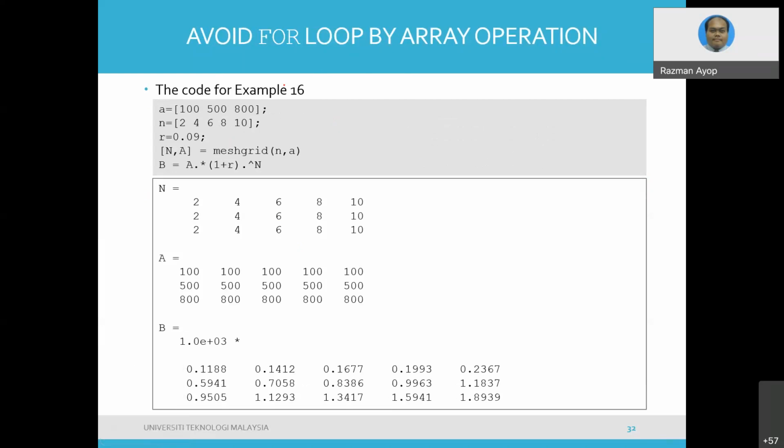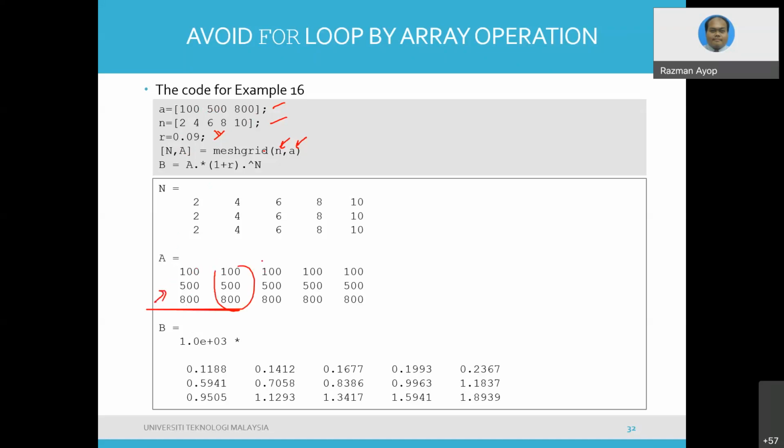So you can see here, A is equals to this one and this one. Okay. R is just a constant, no need to worry. So you use mesh grid. So mesh grid is basically you put the two parameters here. And then it will create another parameter that you can use to do an array operation. So basically you can see here, 100, 500, 800. So the A will become this one, 100, 500, 800.